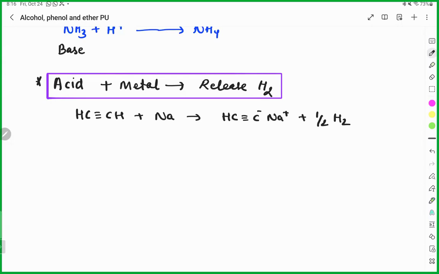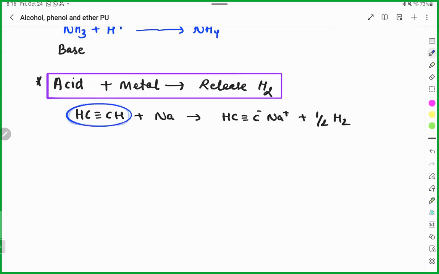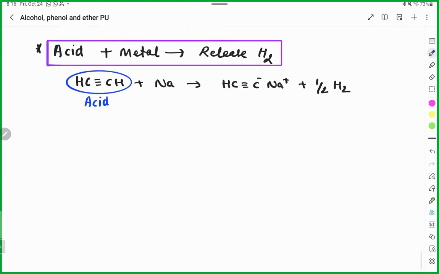This alkyne is reacting with the sodium and releasing hydrogen. Can we say this alkyne is an acid, Chinmay? Yes, sir, and this is what is given in your alkyne topic. Got it? It is a good acid because it is reacting with sodium. And that's why every time I mention, we are not just doing alcohol and phenol, we are doing full chemistry together.